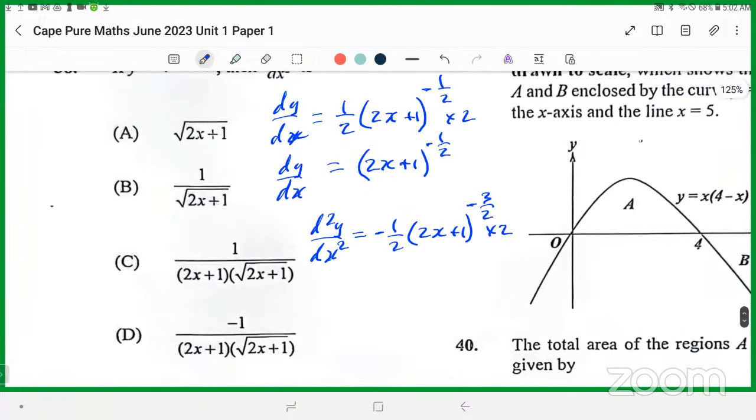This 2 cancels the 2, leaving a minus 1. The negative power means reciprocal, so I put it as 1 over the square root of this expression cubed, which is (2x plus 1) cubed.